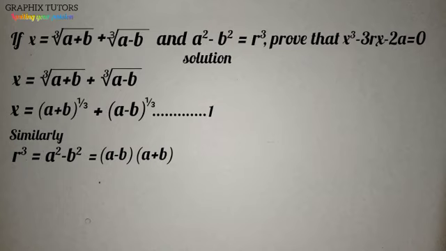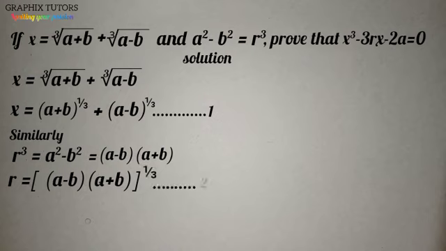What is under 3? What is under 3 is 1. So when it inverts, it becomes 1 over 3. So we now have r is equal to ((a minus b)(a plus b)) all raised to the power 1 over 3. I will call that equation 2.